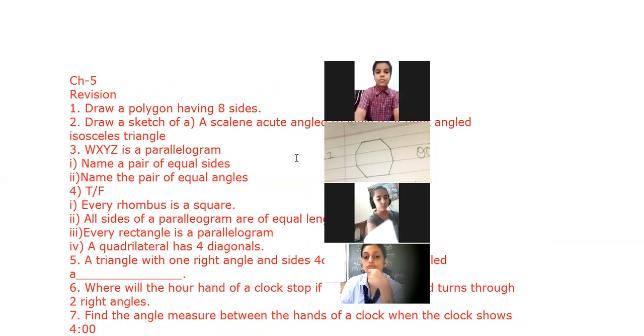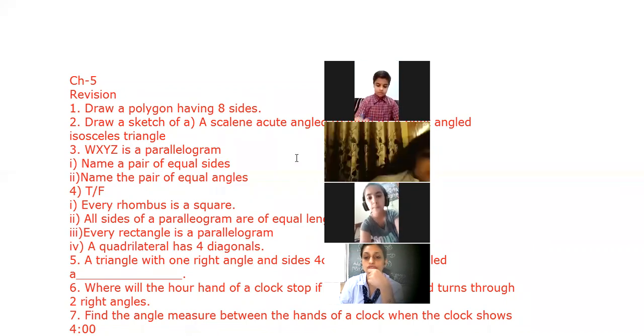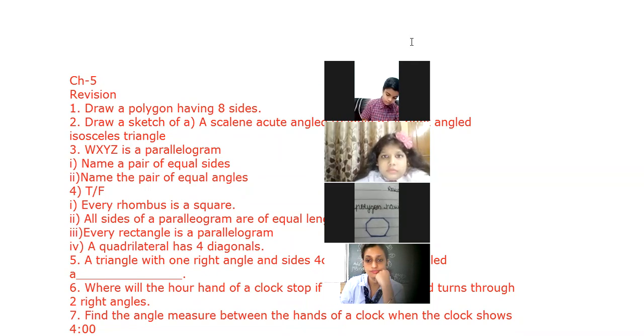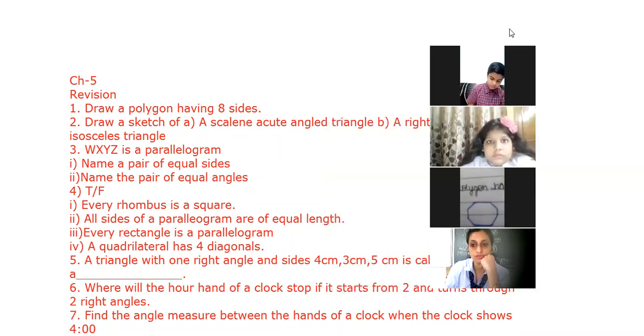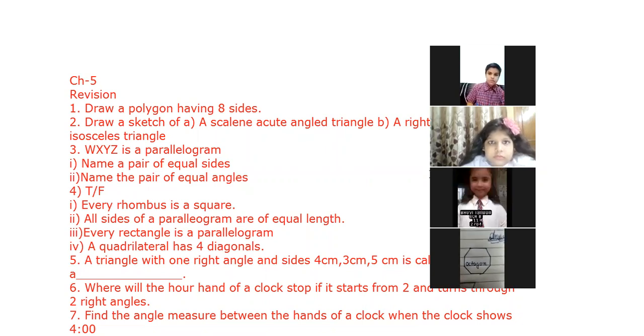Yes, Bhuvi, you can show me your. Yes, Charvi, that's right. Regular octagon is absolutely right. That's good. Now, second question. Yes, Bhuvi, you can show me your second question, first part. Bhuvi, first question is correct. Scalene acute angle triangle. Question number 2A part.